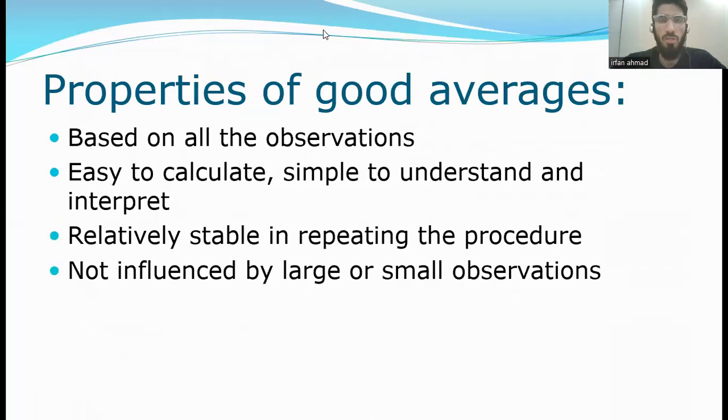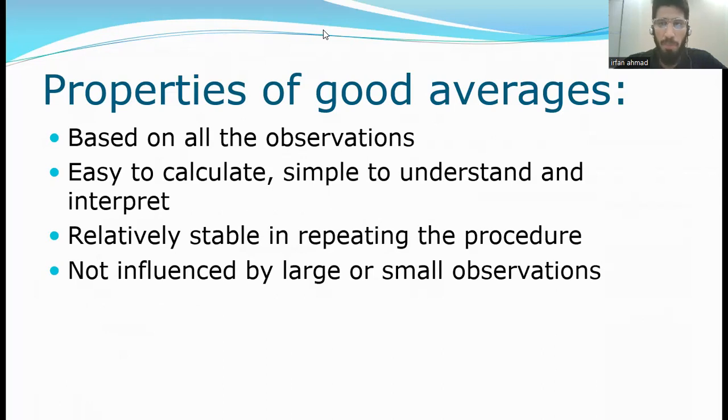Now the properties of a good average, or good central tendency. The first one is that it is based on all observations, all the measurements. The second is that it is easy to calculate, simple to understand, and can easily be interpreted. Third, it is relatively stable when repeating the procedure.